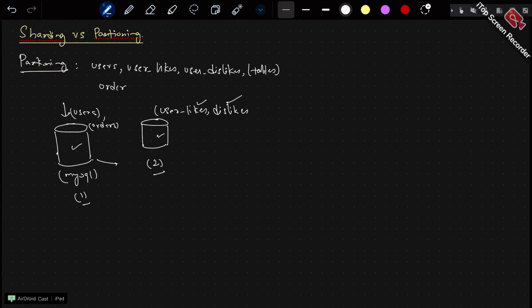The important part is they are separate. That means user likes is separate data compared to users. Your users data would be username, ID, and all that. User likes would be user one liking this content ID and all that. They are two different kinds of data, entirely different because they are two separate tables.